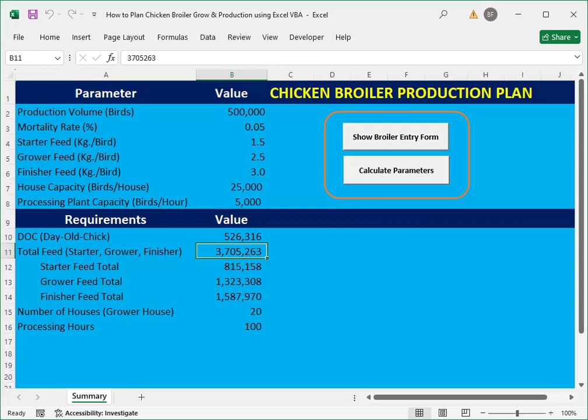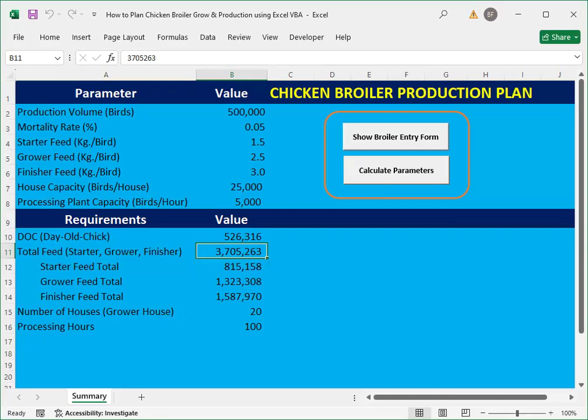So whether you own the plant or not, you have your own hatchery plant, your own houses in the farm, your own processing plant, and your own feed mill plant, that will depend. And of course, your working capital, because you are buying DOC, you are buying feed ingredients, raw materials that you're going to be needing in your business.